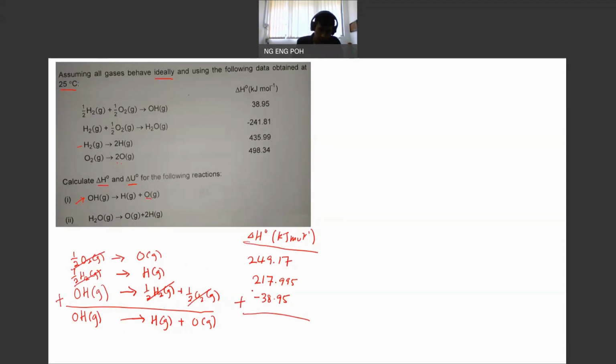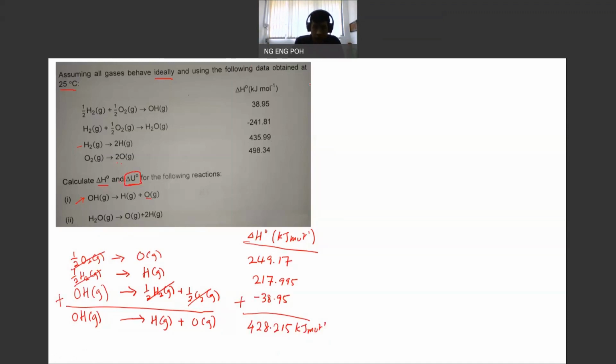So if you total up together, you will get 428.215 kilojoule per mole.